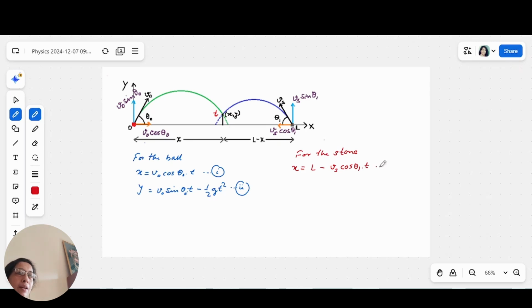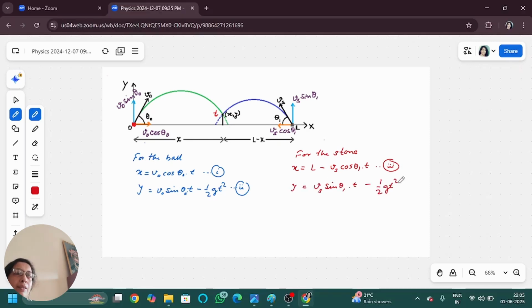Say this is equation 3, and y will be equal to, say this is equation 4.